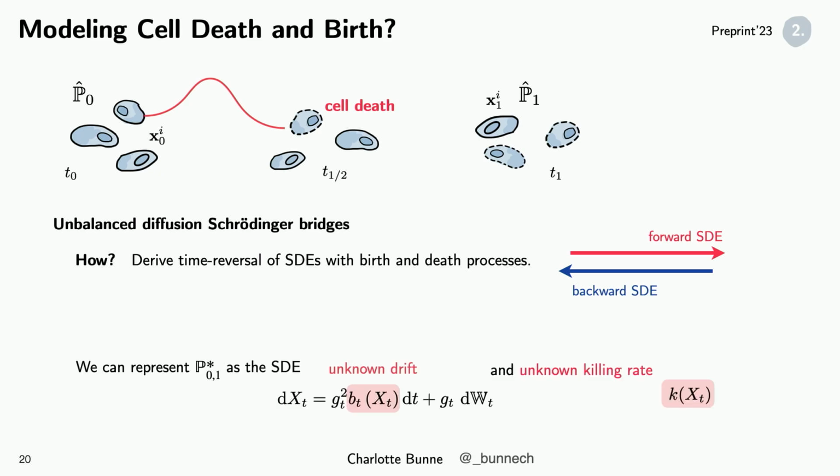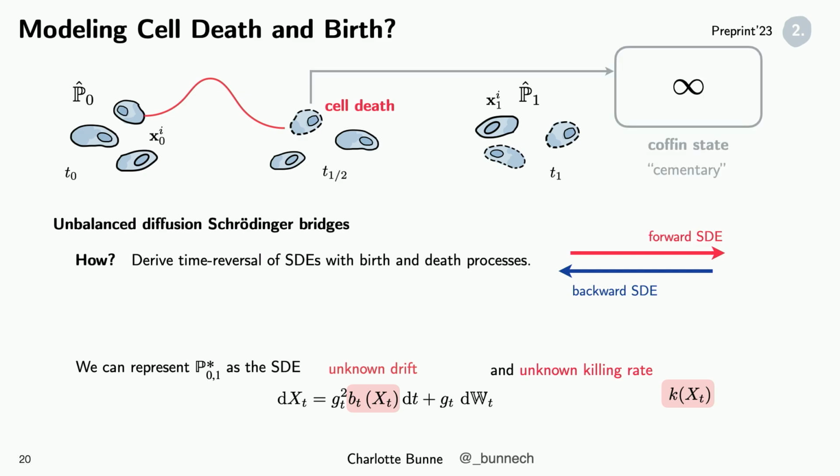Again, we can describe our SDE with some random drift, which we need to learn because we don't know it for the cell dynamics. But now we also have a killing rate that we need to understand. And the killing rate is best modeled by introducing a coffin state, basically a state where my cells end up, like a cemetery, the moment they die.